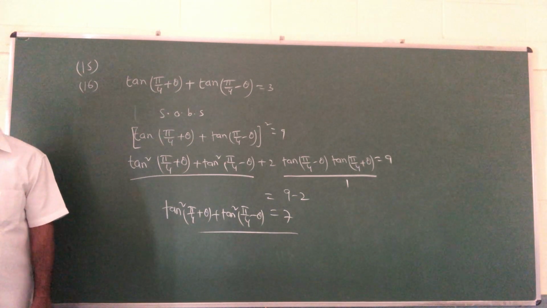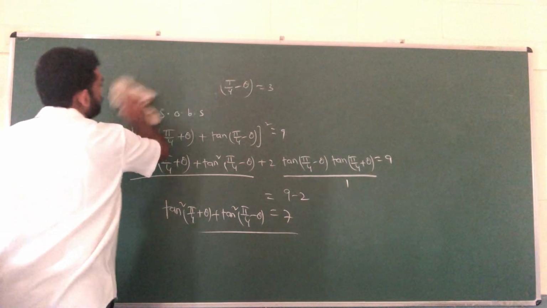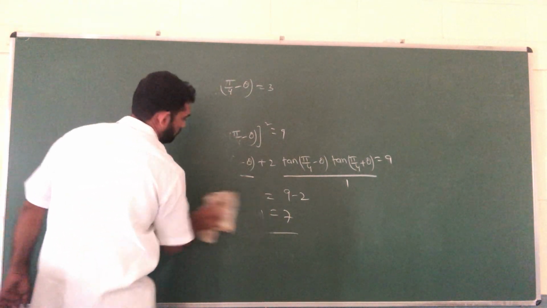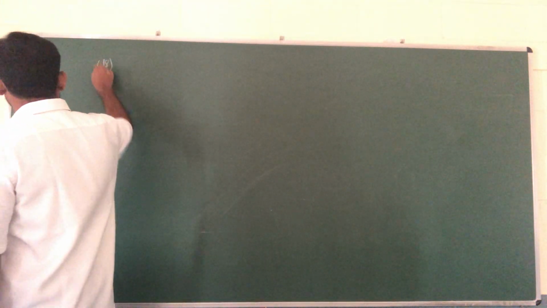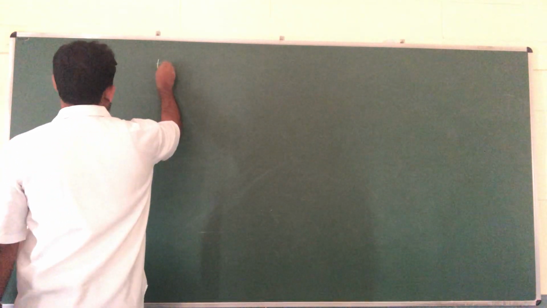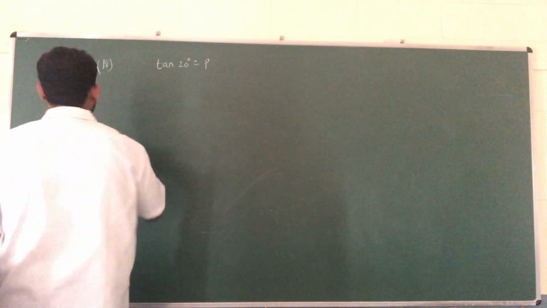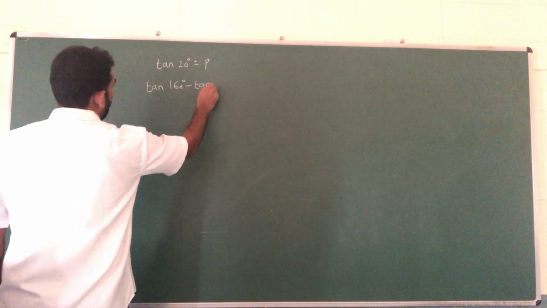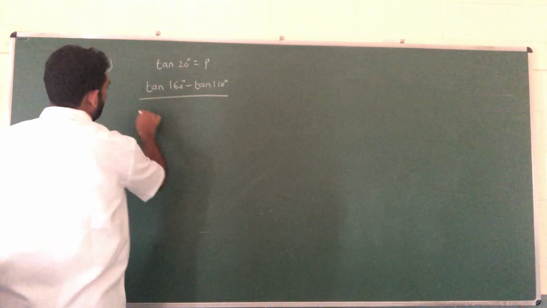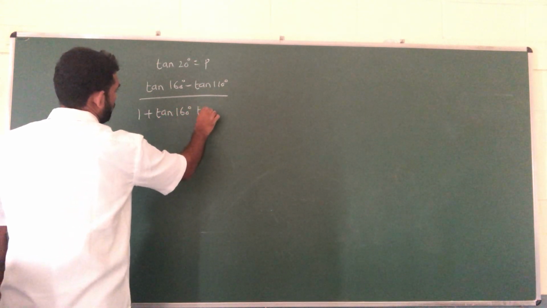Next, the 18th one. Question number 18. What is given? Tan 20 degrees is equal to P. So what happens? Tan 160 degrees minus tan 110 degrees divided by 1 plus tan 160 degrees tan 110 degrees.